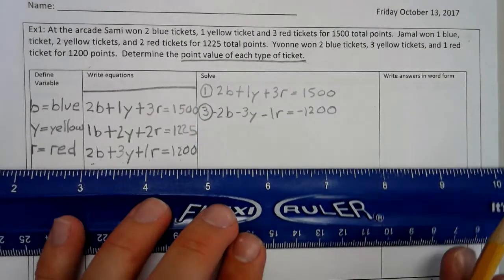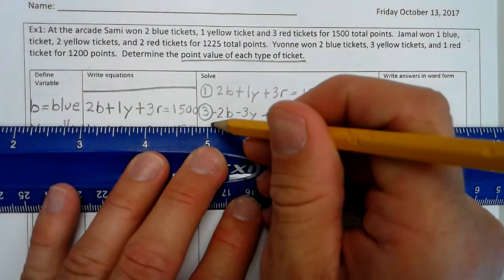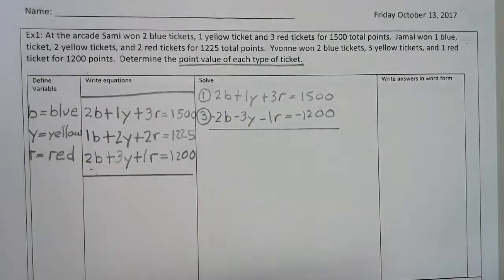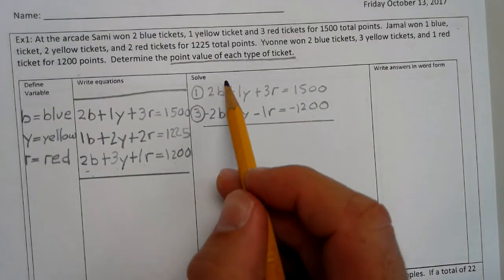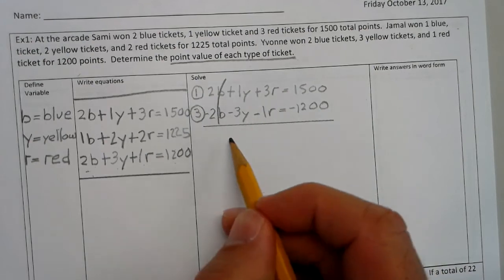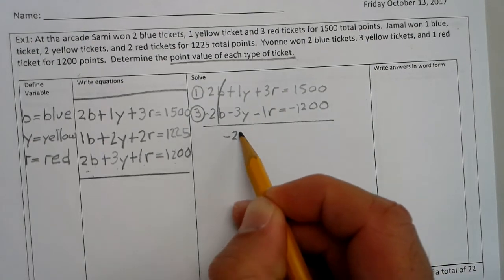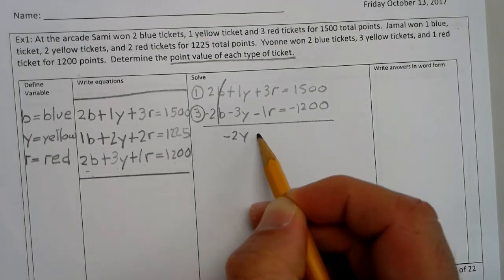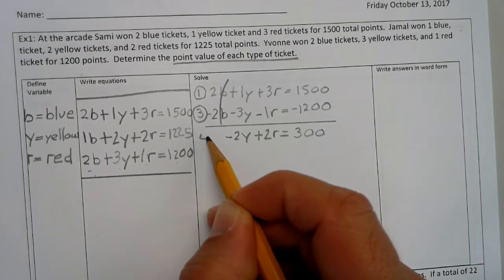The mistake is fixed. So now we know the b's canceled. Now you're left with negative 2y plus 2r equals 300. And that's equation 4.